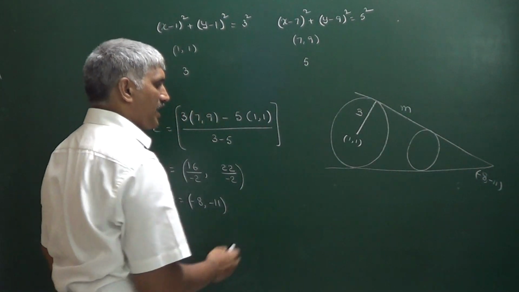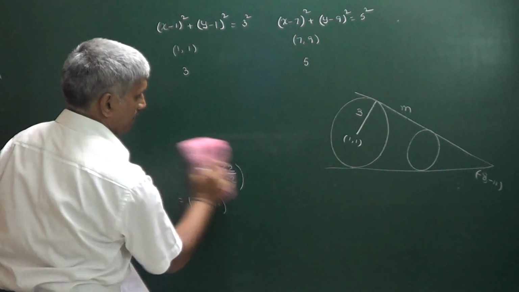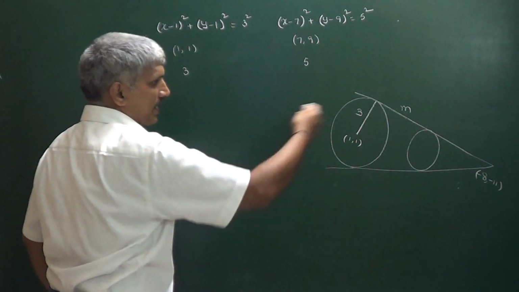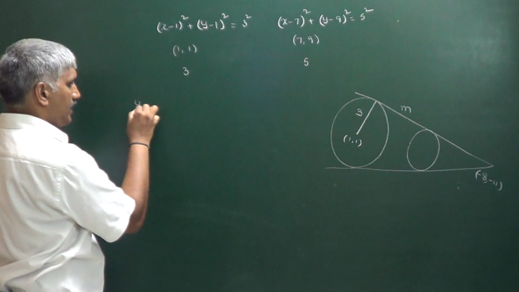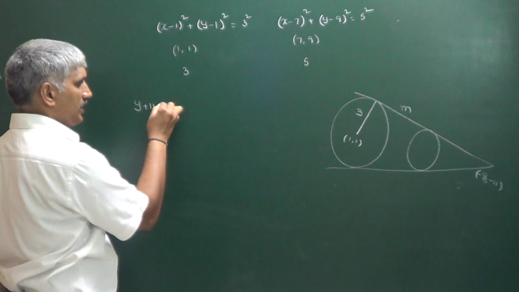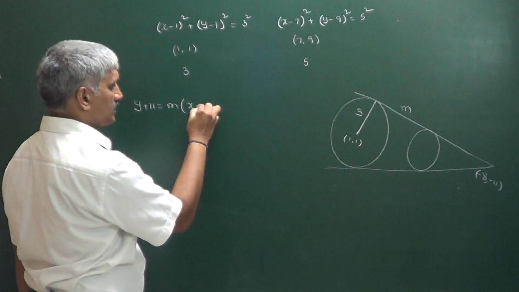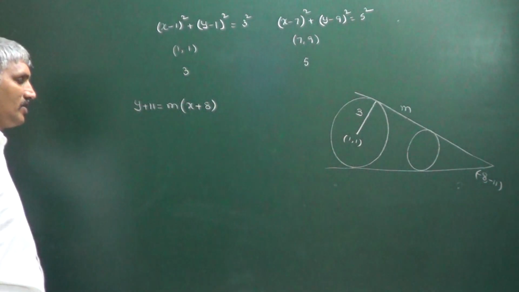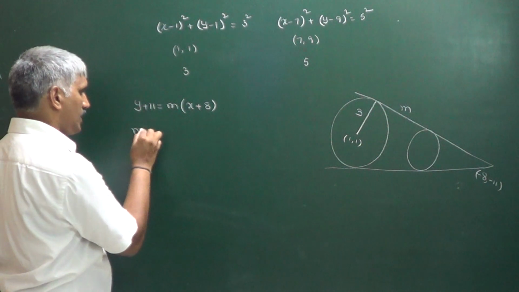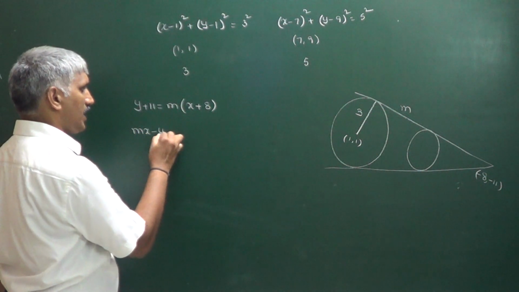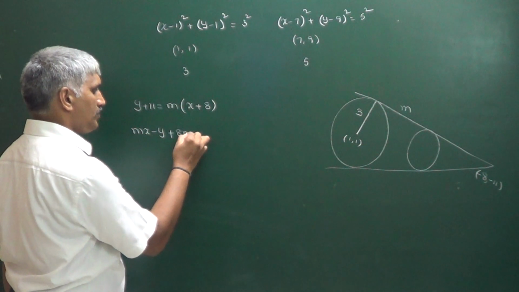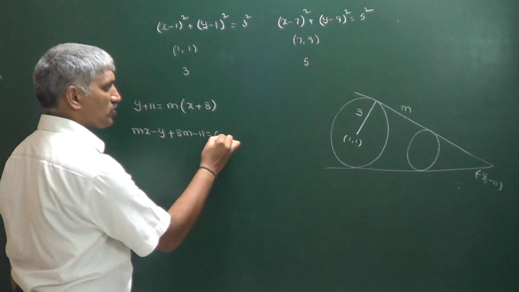The line equation is y − y1 = m(x − x1), right? So we get the line equation as mx − y + 8m − 11 = 0.